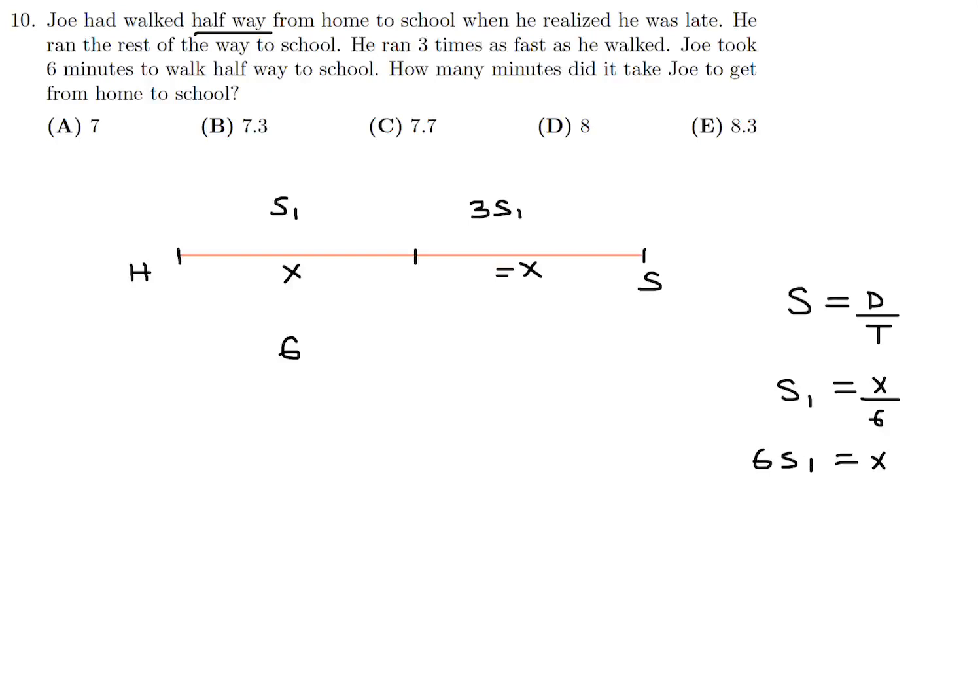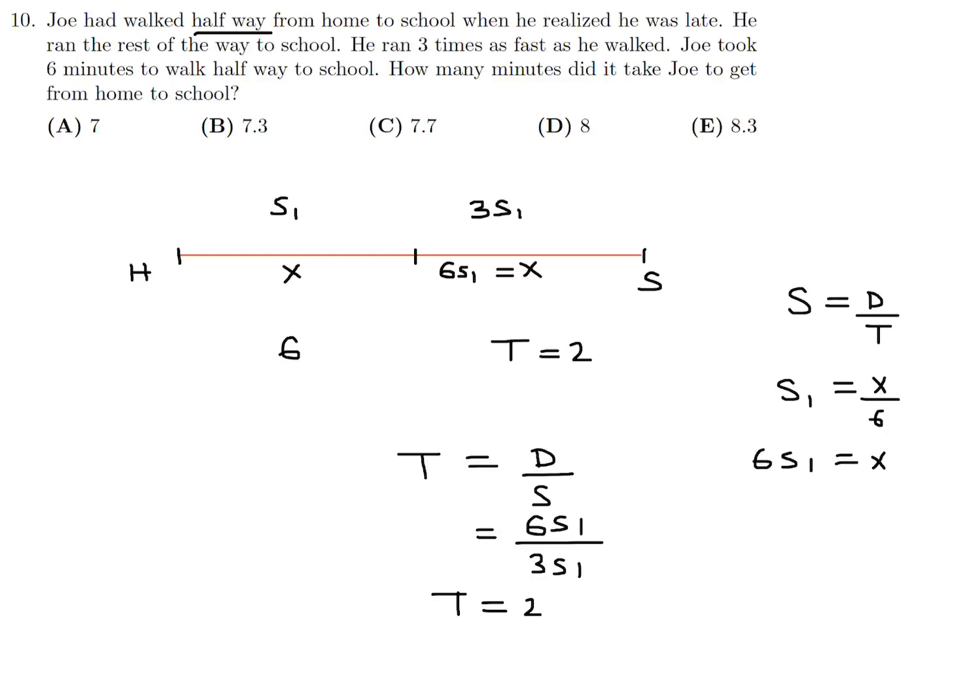Then we need to figure out the time for the scenario when he's running to school. No problem. Rearranging that formula, time is D over S. So our D is 6S1, our speed is 3S1, and that is 2. So this time is 2 minutes.